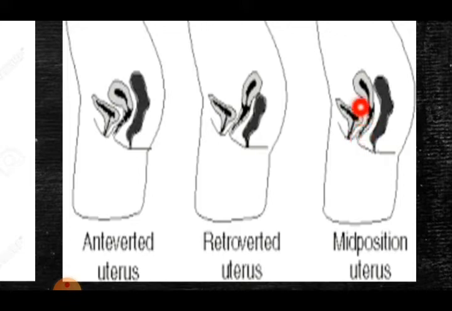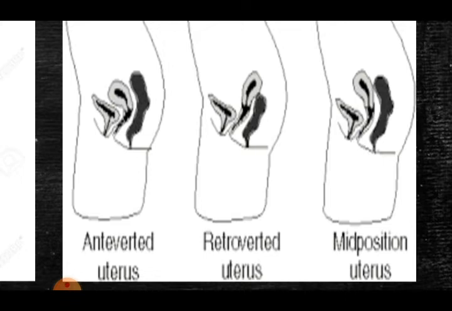So once again, I talked about the common position of the uterus, and then I talked about the anatomical variants of the uterus. So first of all, we will talk about anteversion and anteflexion as well.